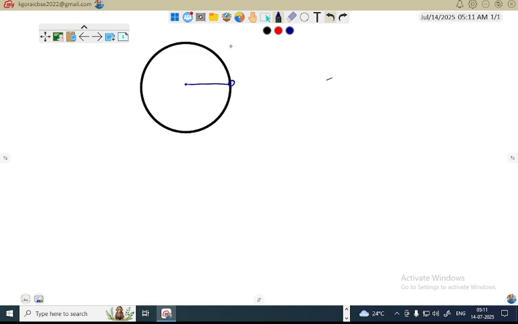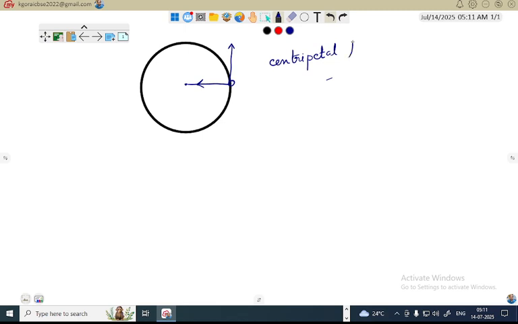And you remember that there is a force of attraction towards the center of this circle, and this is what we call centripetal force.